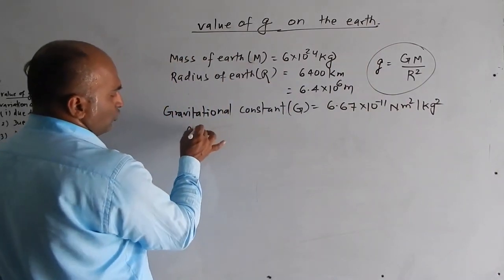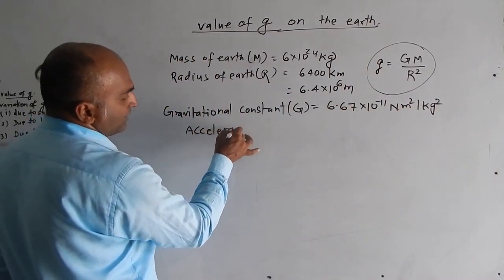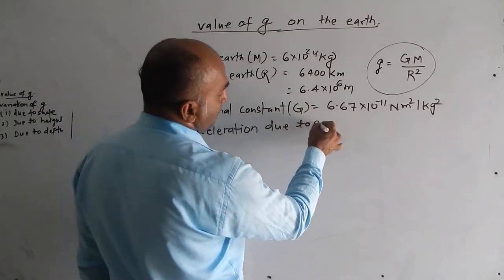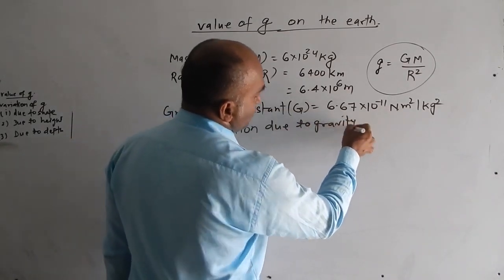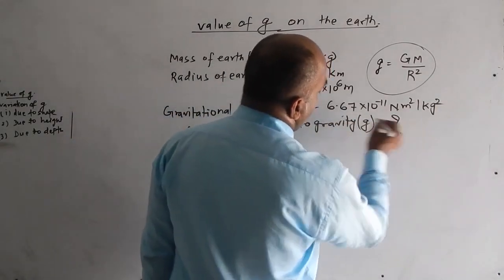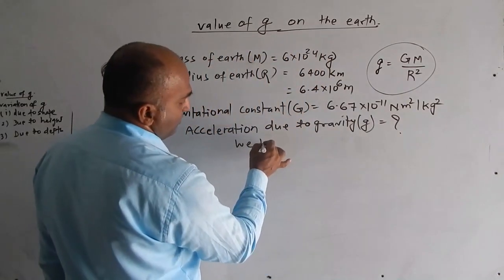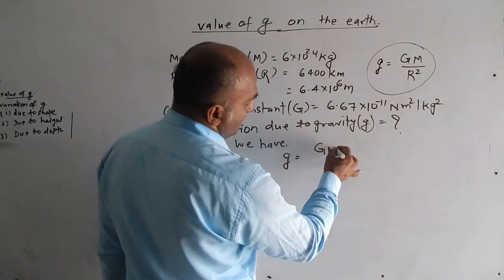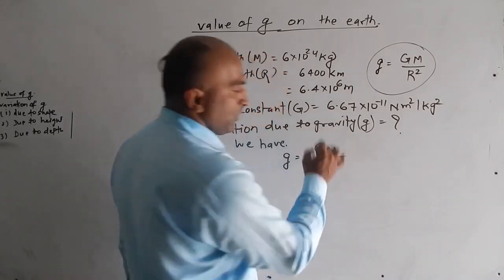So, acceleration due to gravity can be calculated by the formula small g equal to GM by R square.